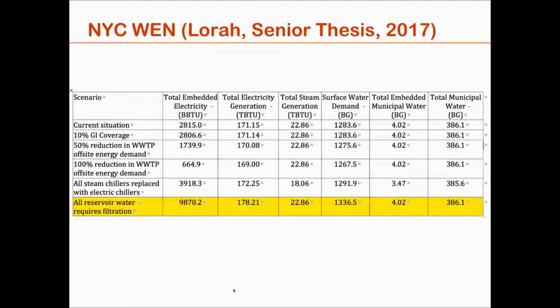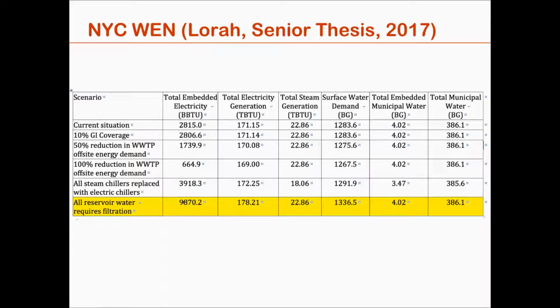The student constructed a model for this water-energy nexus and investigated a few scenarios. I want to highlight this scenario where, if the Catskills were to be polluted and needed filtration or pumping into the city, this would basically increase the total embedded electricity from the current 2,800 BTUs.